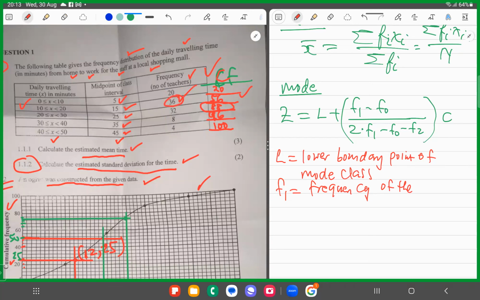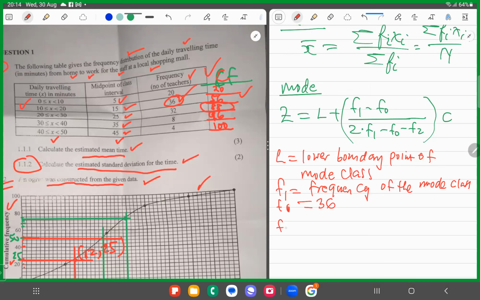So F1 is the frequency of the mode class, which is 36, the highest frequency in the table.